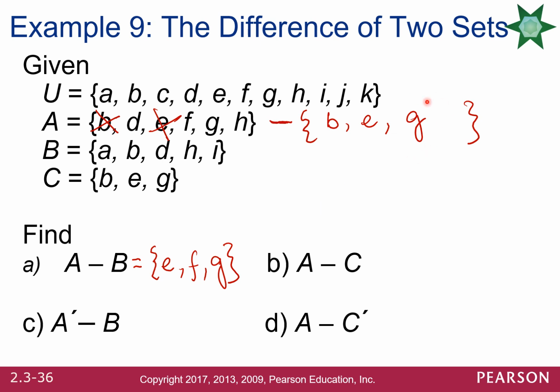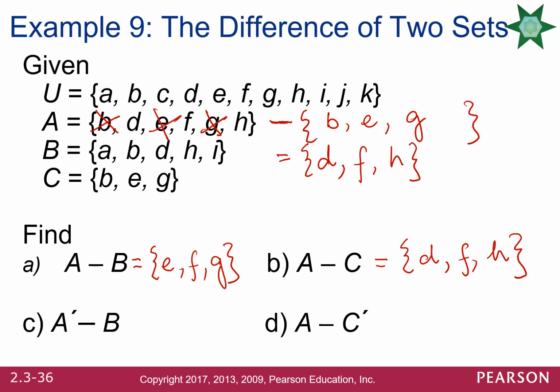And then G is also there in set C, so we are going to eliminate that as well. So what are we left with? A minus C will be a set including D, F, and H, these three elements only.